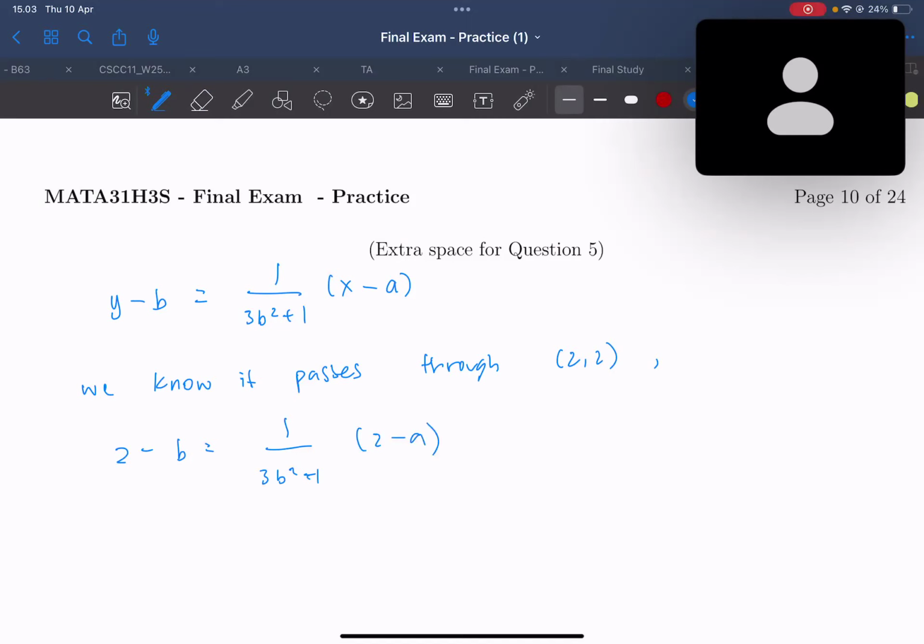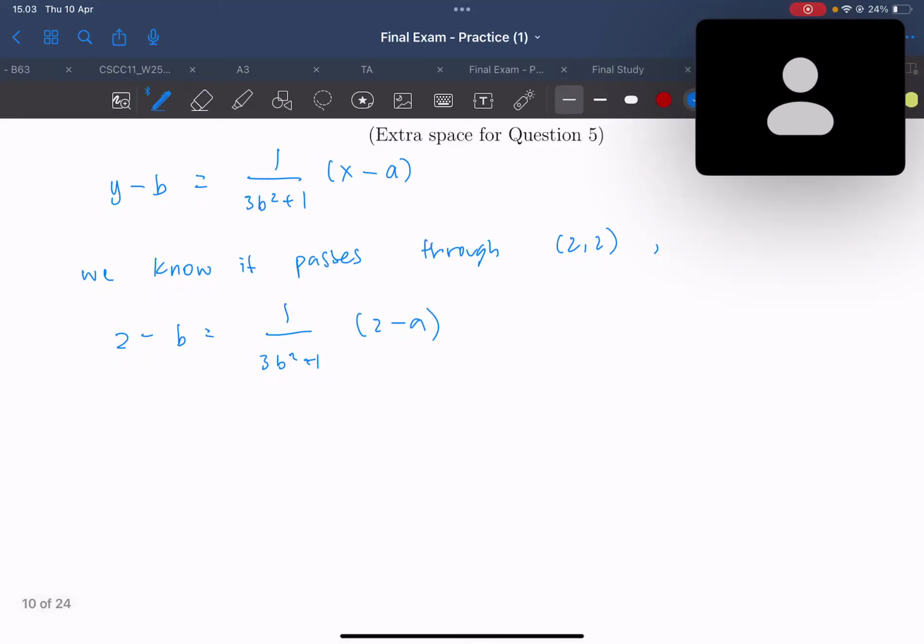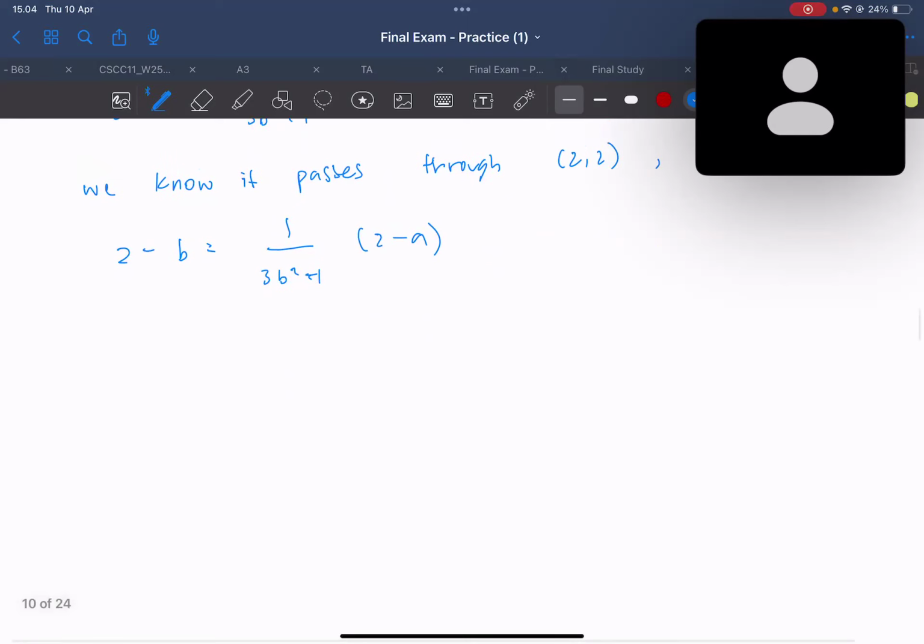Now we have an equation that's just in terms of a and b. If we want to solve this, we need another equation that relates a and b. Then we can replace either a or b with the other variable, and it will just be one equation in one variable. And we know the equation of the inverse again is the inverse equation.